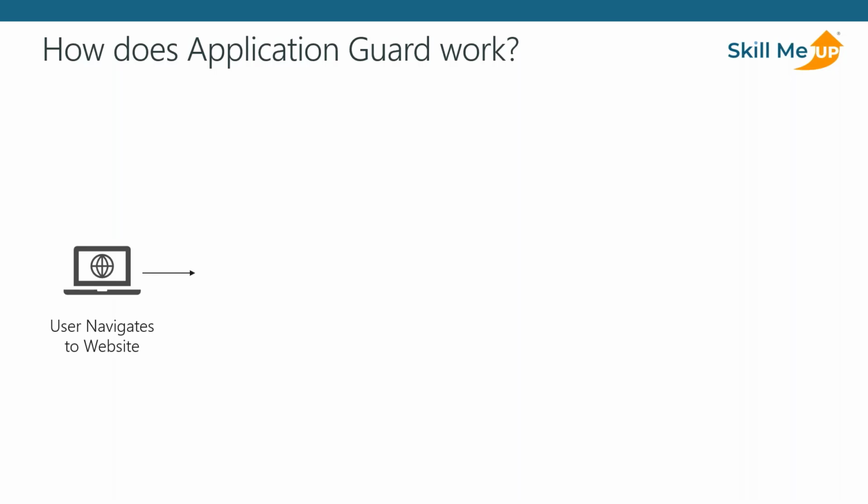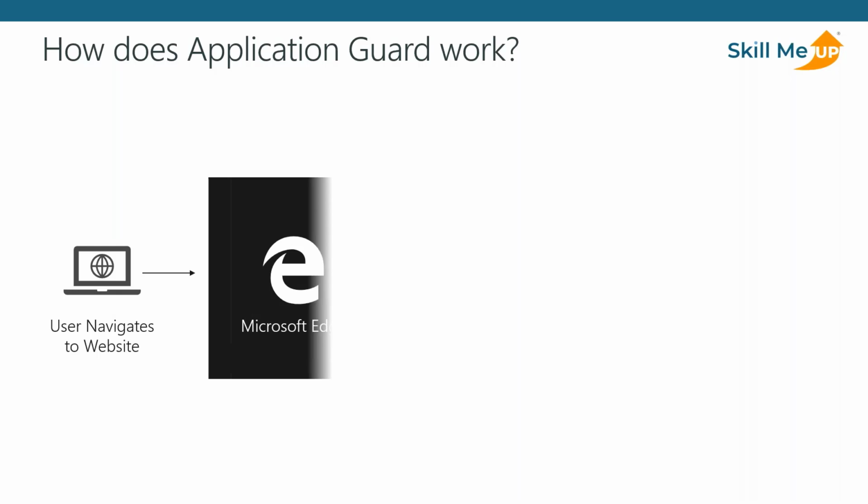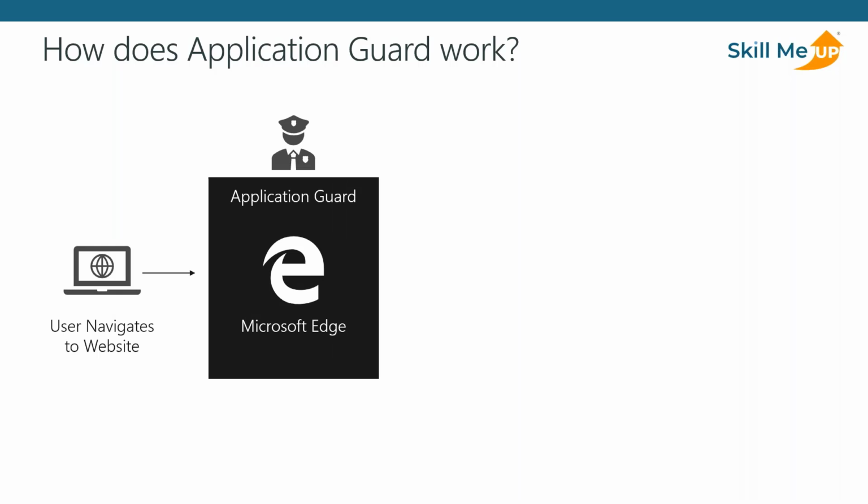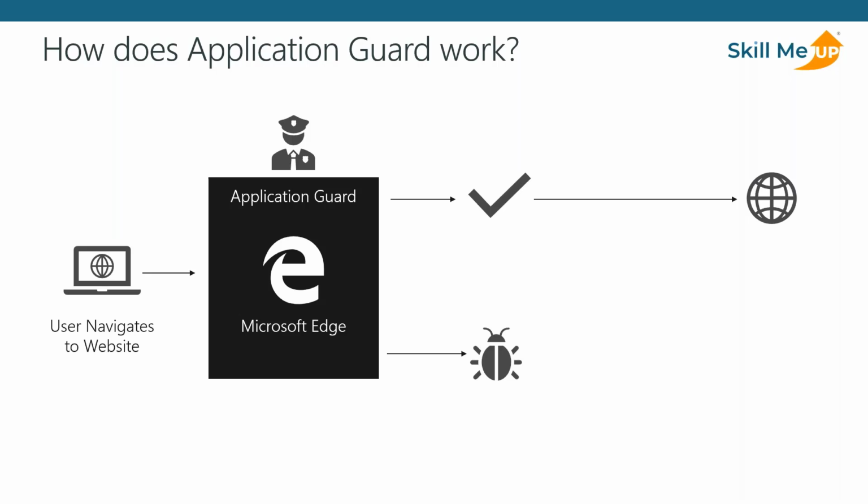So if the user goes to an untrusted site through either Microsoft Edge or Internet Explorer, Microsoft Edge will open the site in an isolated Hyper-V enabled container, which is separate from the host operating system. The container isolation means that if the untrusted site turns out to be malicious, the host PC is protected and the attacker can't gain access to the enterprise data.